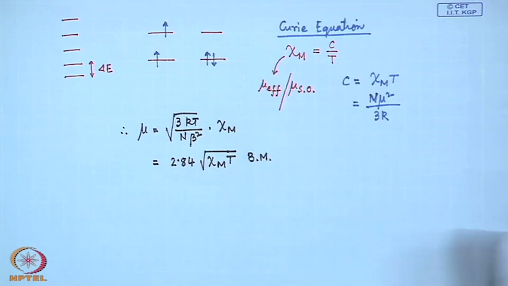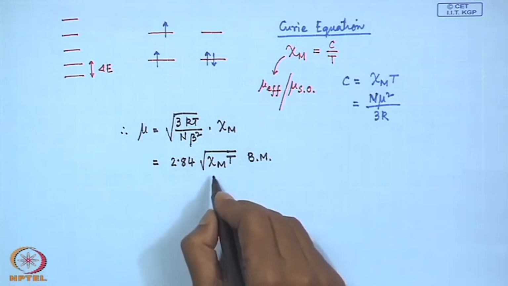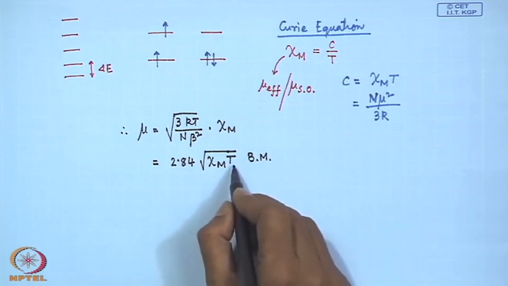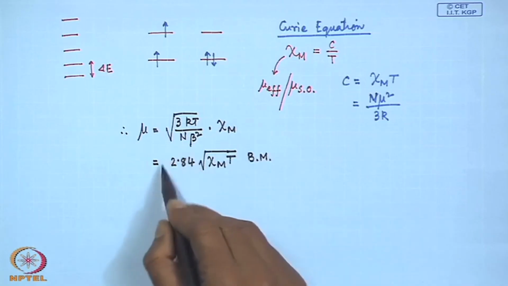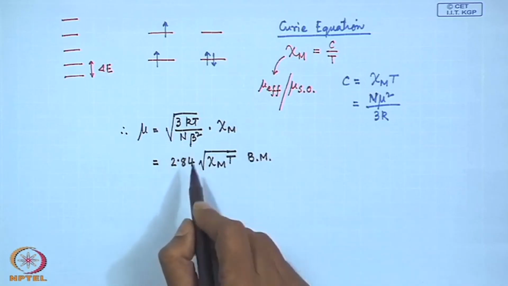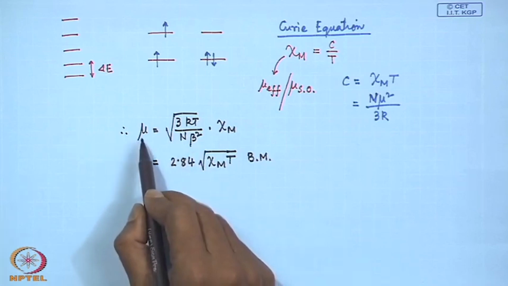So it is a very simple technique where we can measure the corresponding molar susceptibility values, and if we multiply with the temperature and take the square root of this, when multiplied by 2.84, which is a constant value, we get the corresponding mu value.